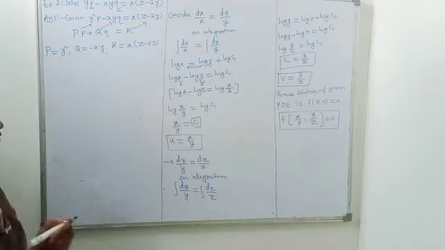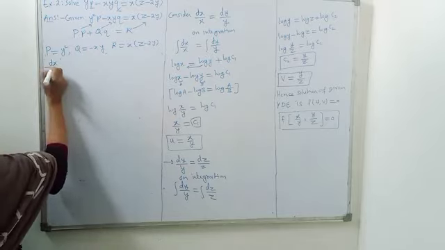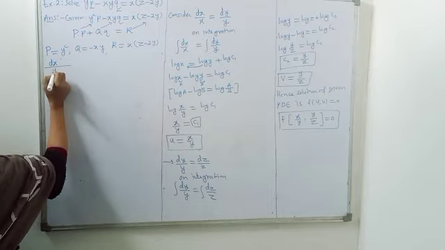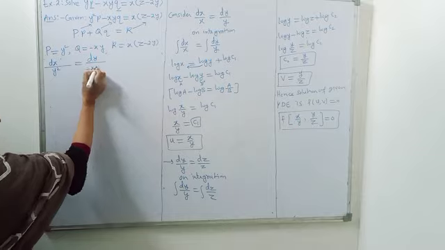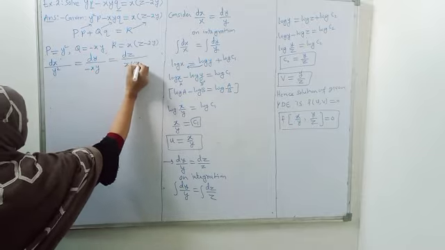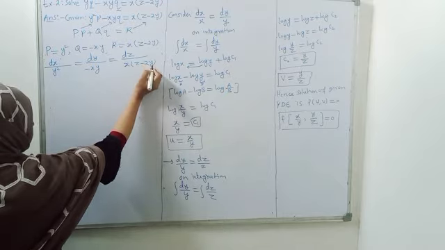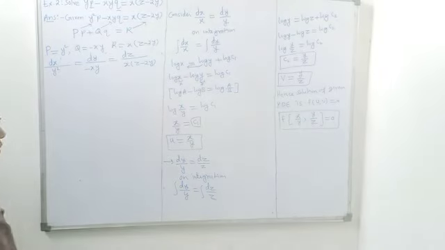Now I write the auxiliary equation with the values of P, Q, R. So dx upon y square, dy upon minus xy, dz upon x times z minus 2y. Now we try to obtain two solutions from this auxiliary equation.